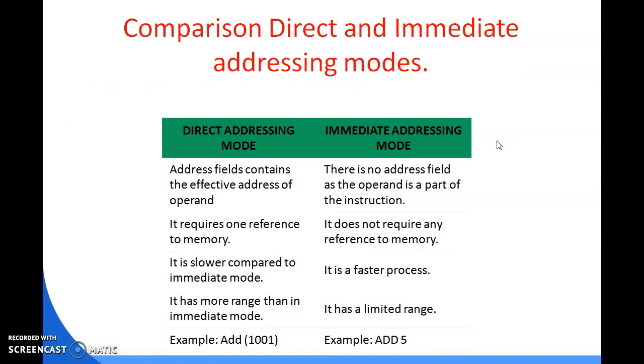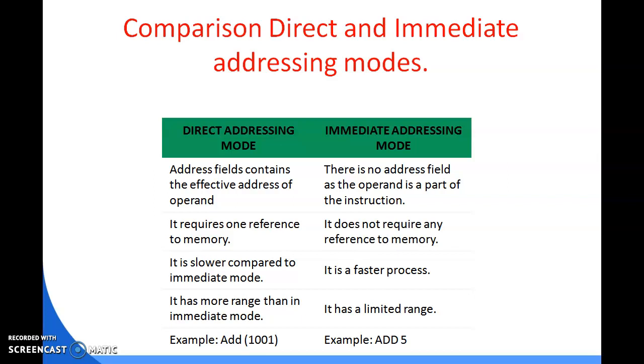Here is the comparison of direct and immediate addressing modes. In the direct addressing mode, the address field contains the effective address of the operand, whereas in the immediate addressing mode there is no address field, as the operand is a part of the instruction, because both the operator and operand are stored within one location. Clear?